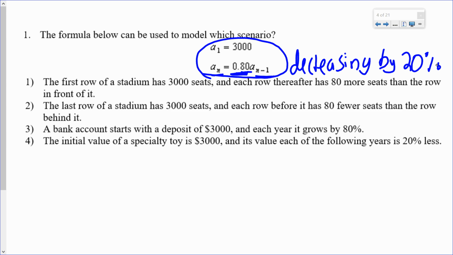What am I taking away from 100% to get 80%? 20%. So whatever scenario where a1, the first thing is 3,000, and then it's decreasing by 20% is going to be your answer. So why don't you read through the choices and see which one you think it is. I'll give you about 20 seconds to do that.